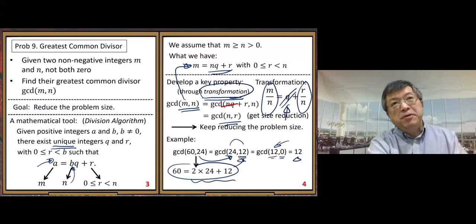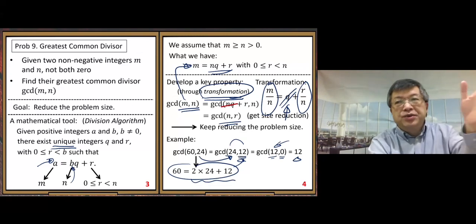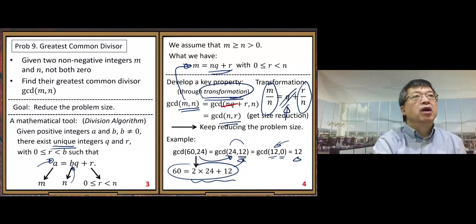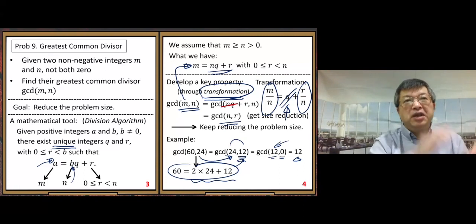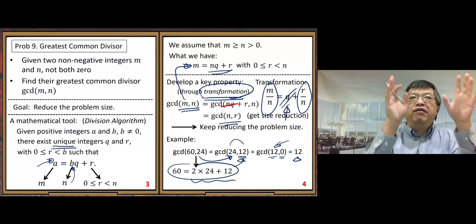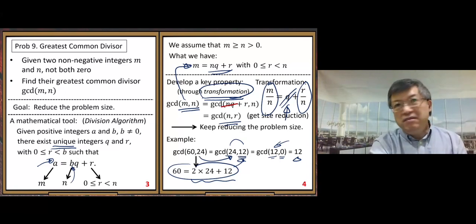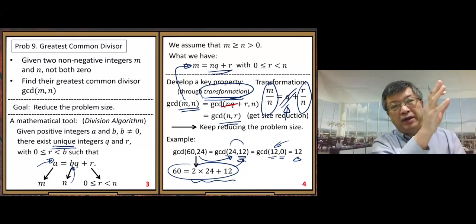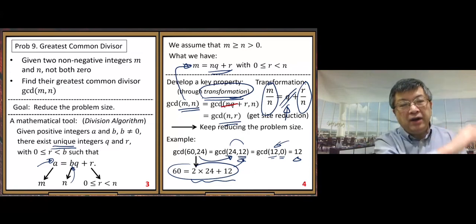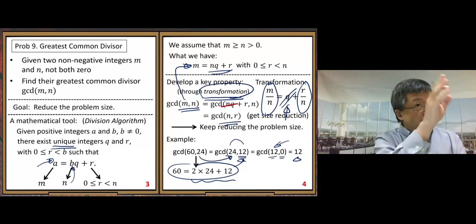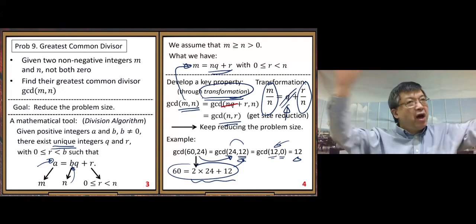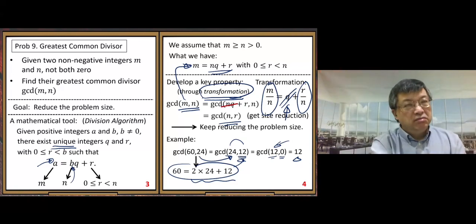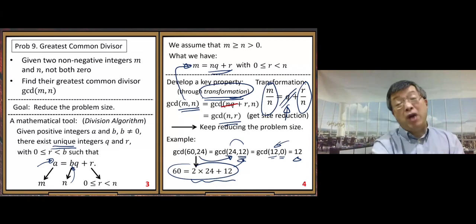This method, using the problem size reduction, you can easily see we do not need to do prime factorization, right? This method does not rely on the prime factorization. Then we won't have that bottleneck. It's a huge bottleneck problem. As I said, if the number is huge, thousands of digits, you need years to do the prime factorization.